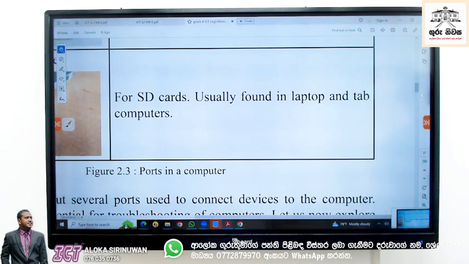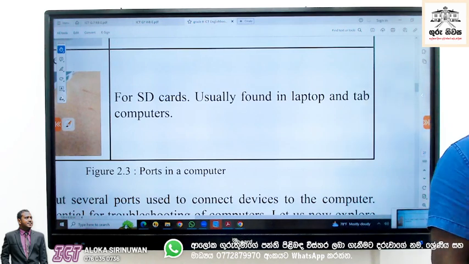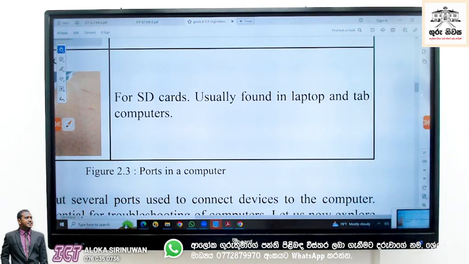These SD cards are specially used in laptops and tablets, right? Sorry, laptops and tablets.